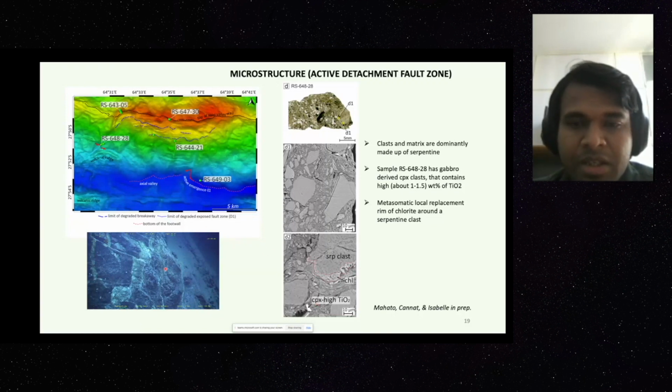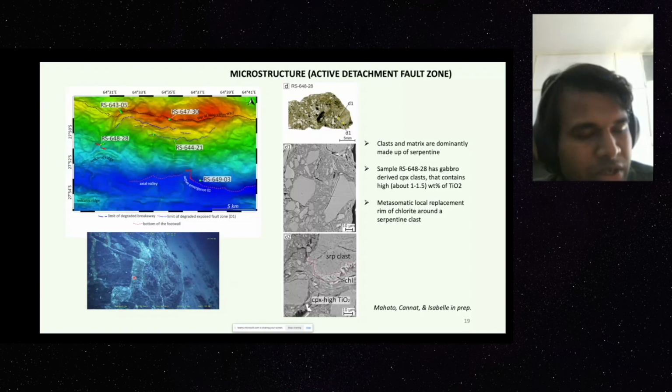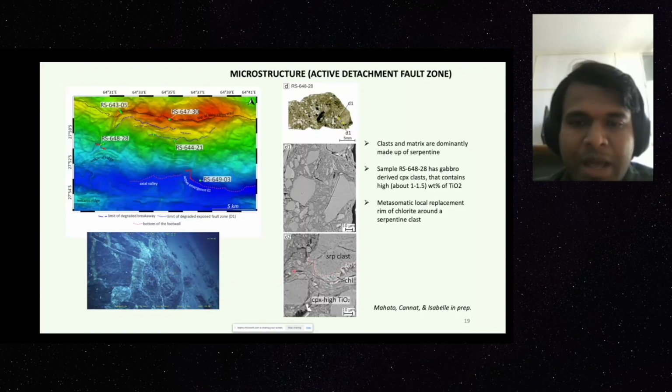So as you can see, this particular sample comes from the area where we have a volcanic ridge in the bathymetry data, and we see gabbroites, faulted gabbroites on the detachment fault zone. So in this sample, we also notice local replacement of a ring, which is replaced by chlorite of a serpentine clast.